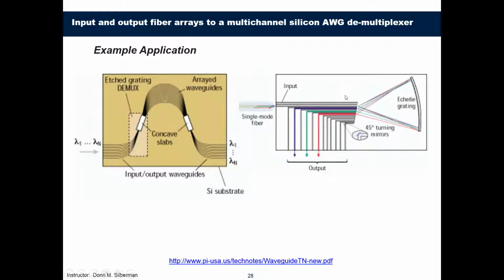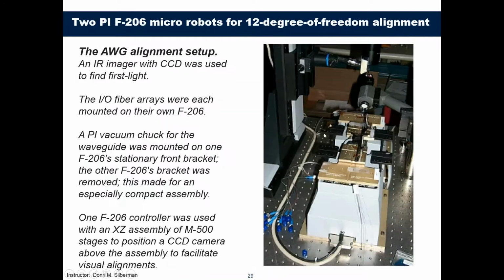And here's a little diagram of an array. These are array waveguides: how you make sure you get the light into each fiber or each part of the array. How do you get the light in? How do you get the light out? Make sure it's maximized. And these are a couple pictures of some systems from probably about 15, 20 years ago that kind of show what I just showed in the slides. These are actual photographs of these types of systems.